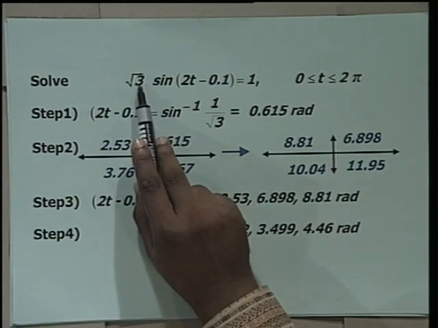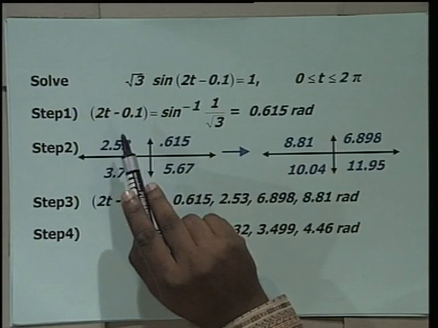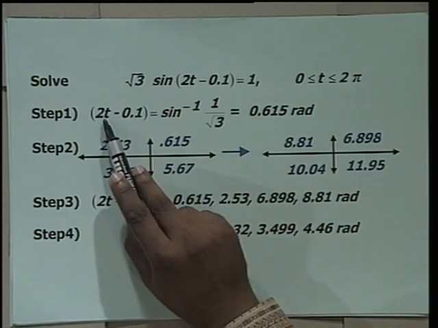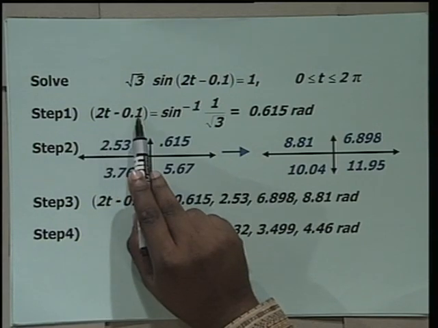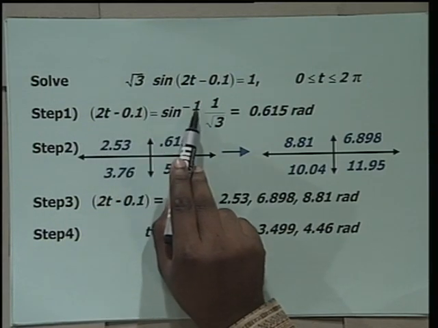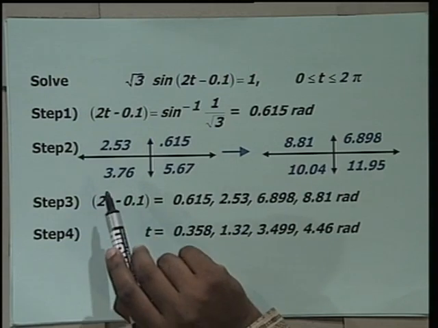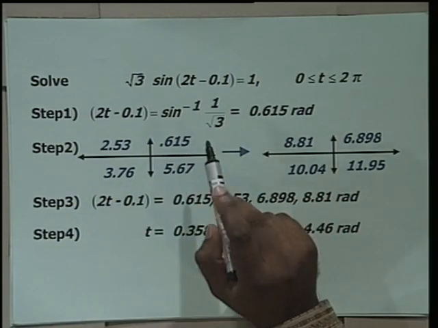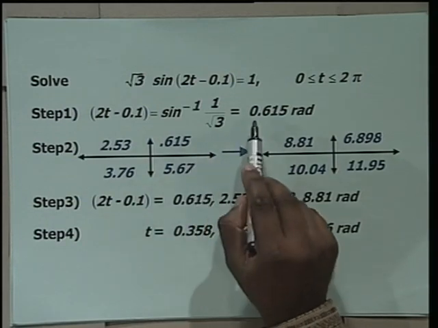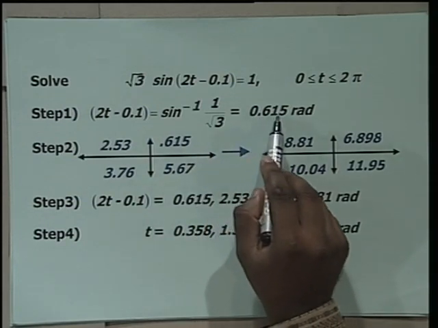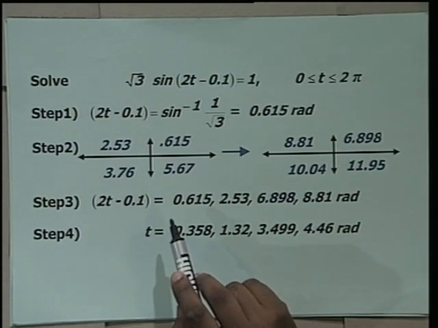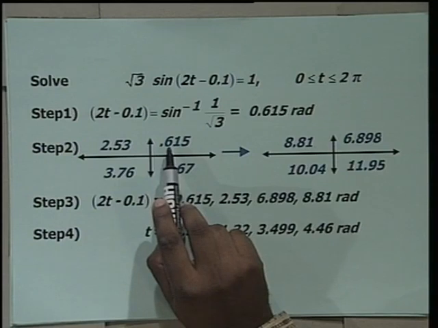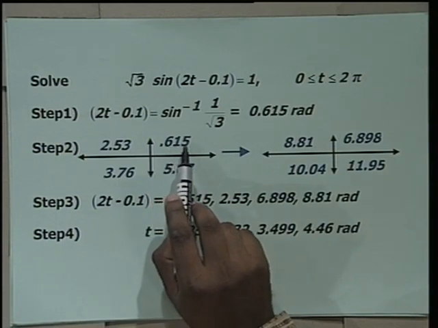So the first step would be to divide by root 3 both sides, and then apply the inverse sine function, so that 2t - 0.1 is equal to sine inverse of 1 over root 3. And using the calculator, with the calculator on radian mode, we'll obtain 0.615 radian. The next step would be to find all the angles related to 0.615 radian.